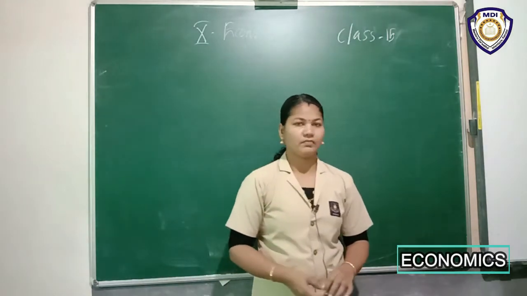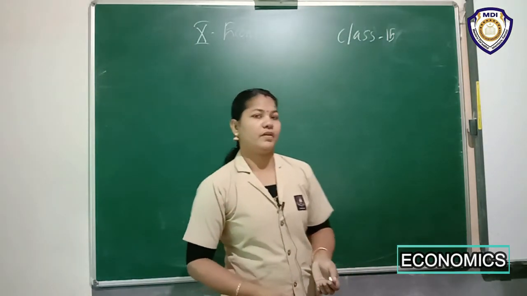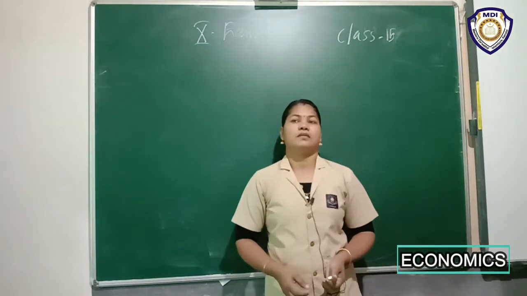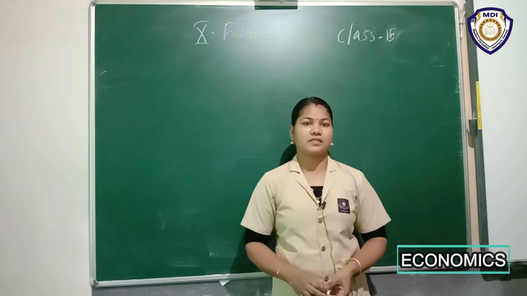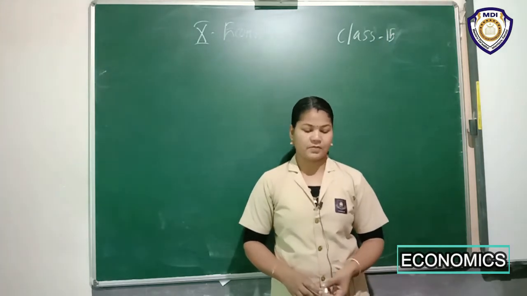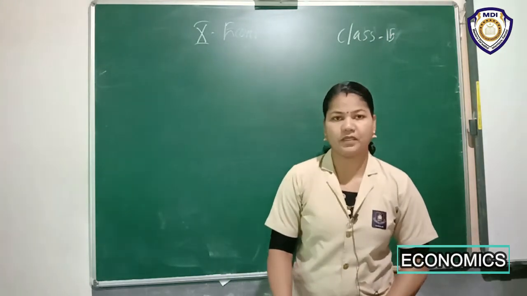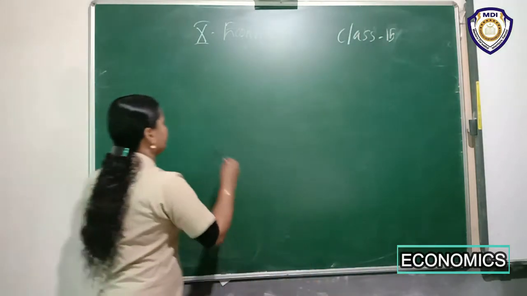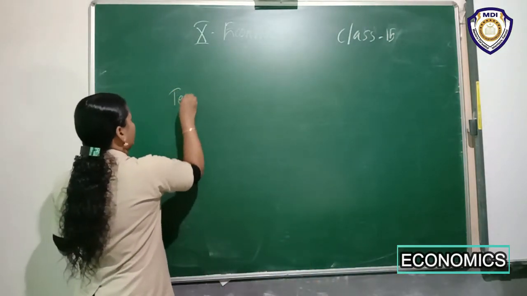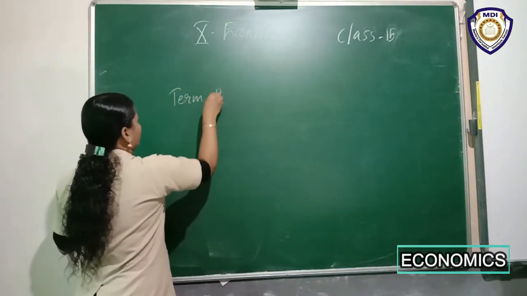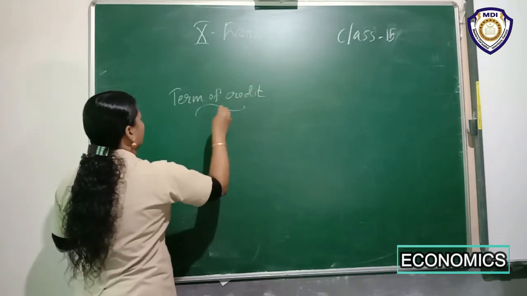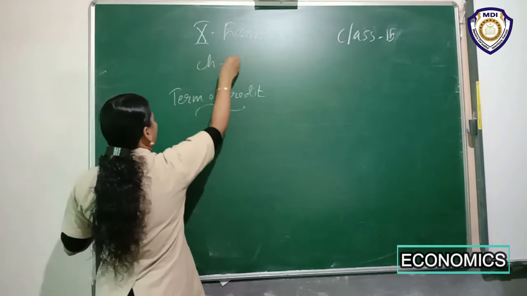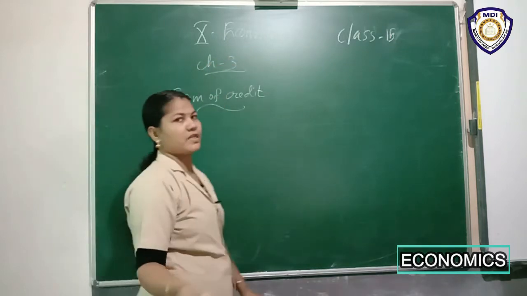Okay. Today we want to discuss another topic related to the previous class, that is the terms of credit. What is our next topic? Terms of credit. From chapter 3.